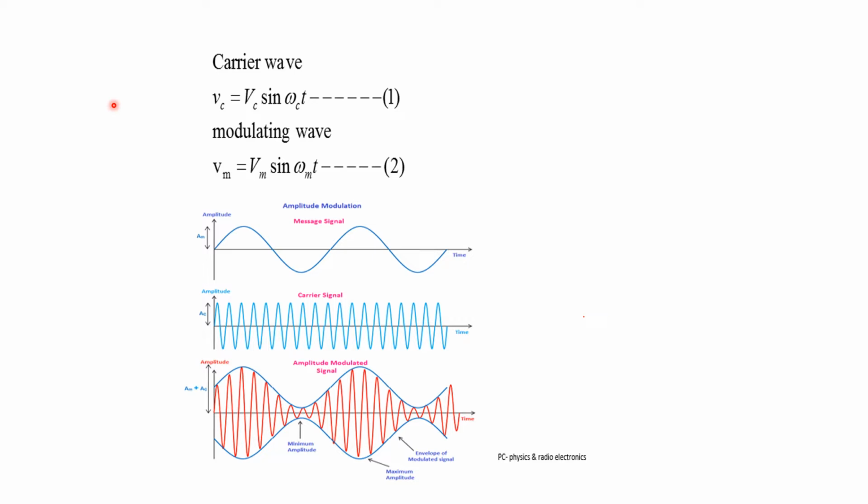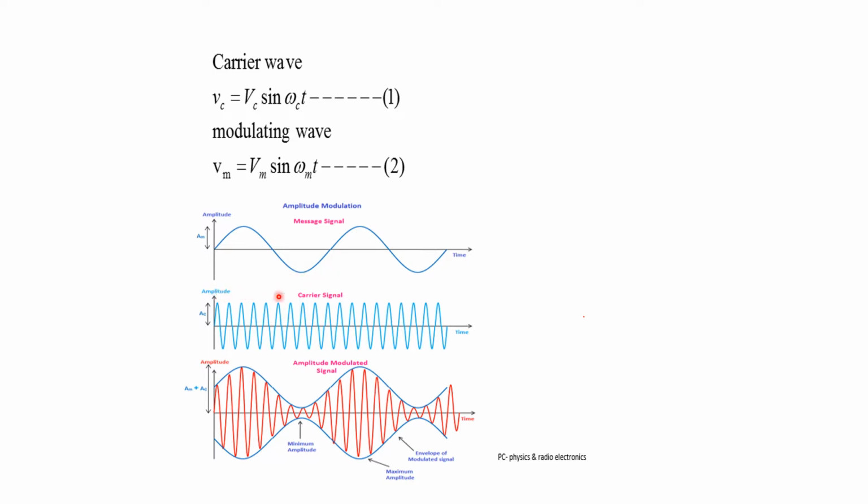We know that in amplitude modulation, the amplitude of the carrier wave, this is the carrier wave and this is the message signal, varies in accordance with the instantaneous value of the message signal.